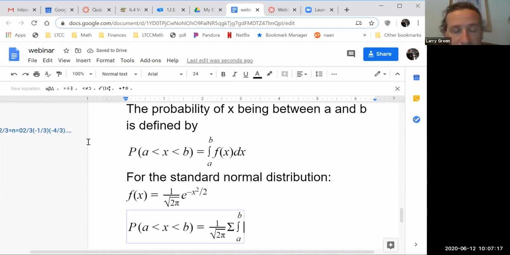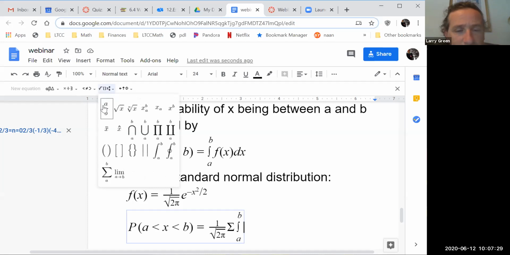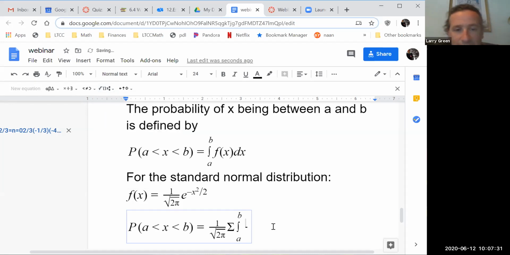And what you get is we have an e to the negative x squared over 2. But remember, e to the x is the sum of x to the n over n factorial. So what we can do is put that together, and that's going to be negative 1 to the n, x to the 2n.